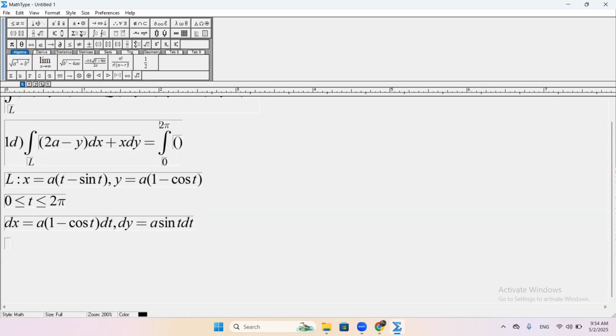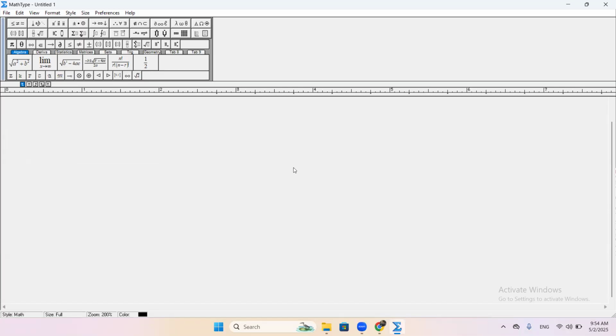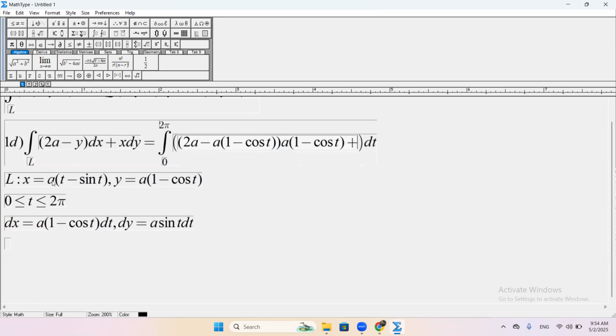So what do we have here? 2a minus this expression multiplied by dx, this expression. And plus x dy, so a by (t minus sine of t) multiplied by a sine of t.